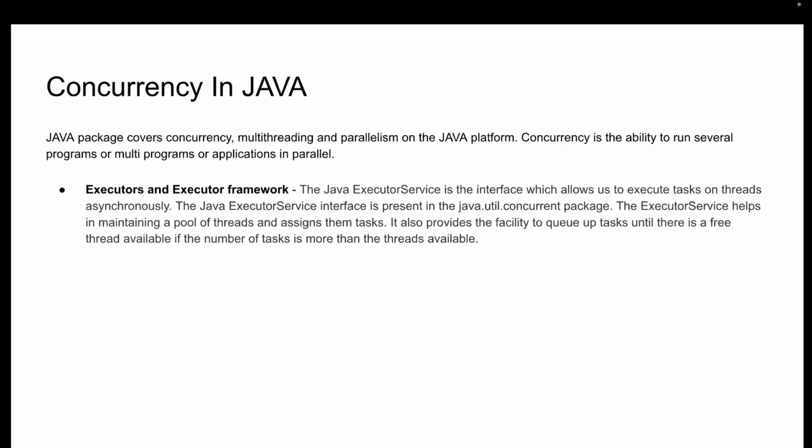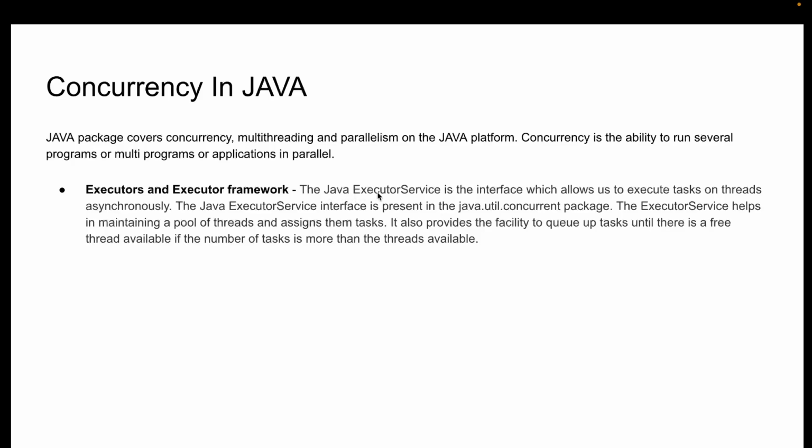In the examples we saw so far, we used our own logic: synchronized blocks and inter-thread communication like wait and notify methods. Java provides a library which simplifies our work, with methods that help us do the job in a simpler manner. This is done by executors and the executor framework, which helps us achieve parallelism or concurrency in Java.